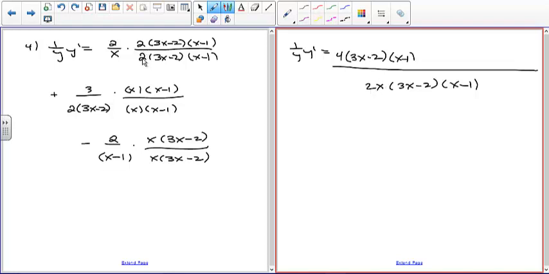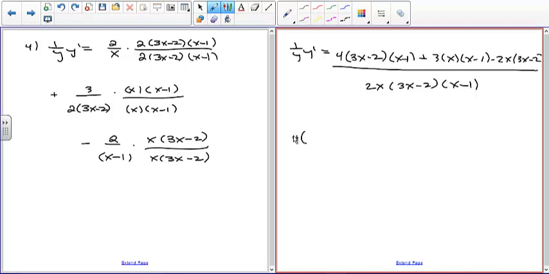So there's also a 2. So it's 2x, 3x minus 2, or x minus 1. Okay, then you have the second term, which is going to be 3 times x minus 1. That's that term. And then you're going to have 2 times x times 3x minus 2. So we need to multiply all this stuff out and simplify.